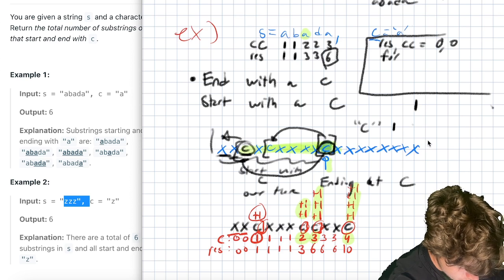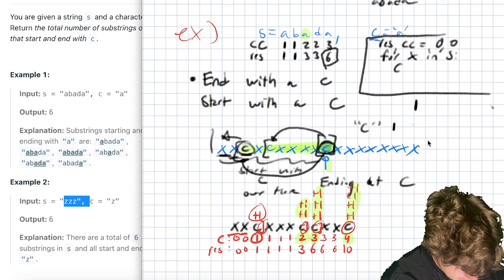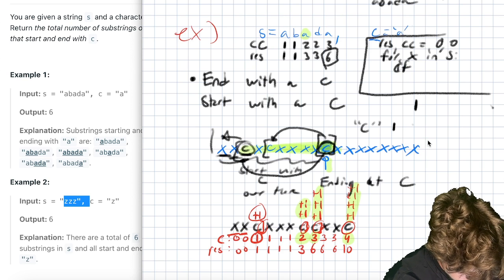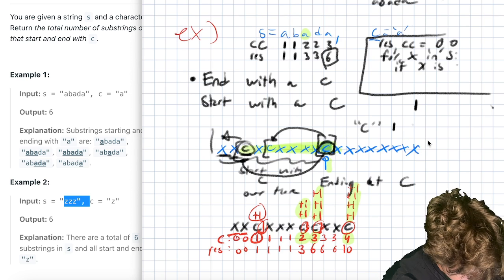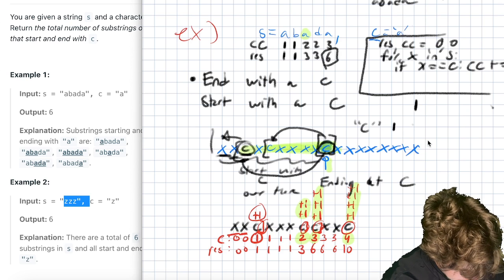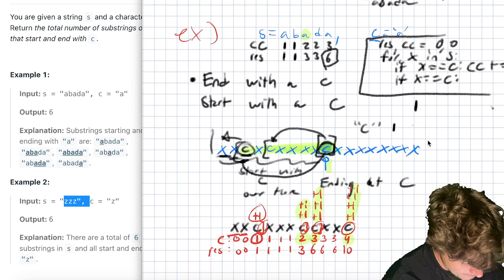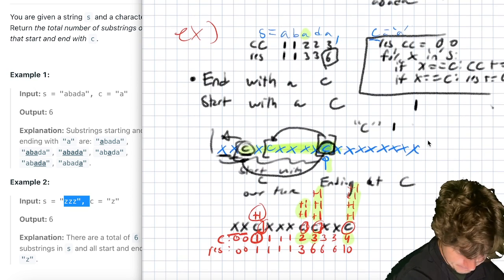We'll look at all characters, X in S. If X equals C, then the count of C's, we get plus equal 1. And if X equals C still, res plus equal CC. Right, because that'd be the number of new solutions that you get, I guess.